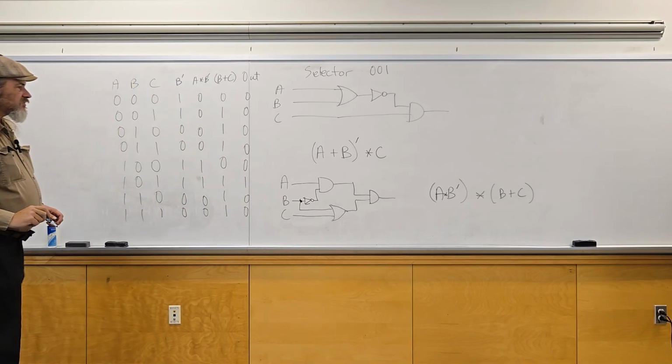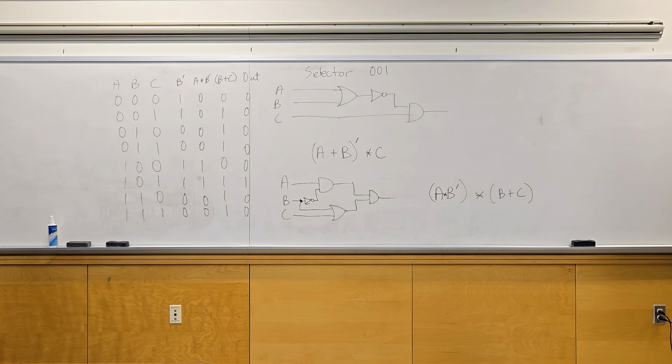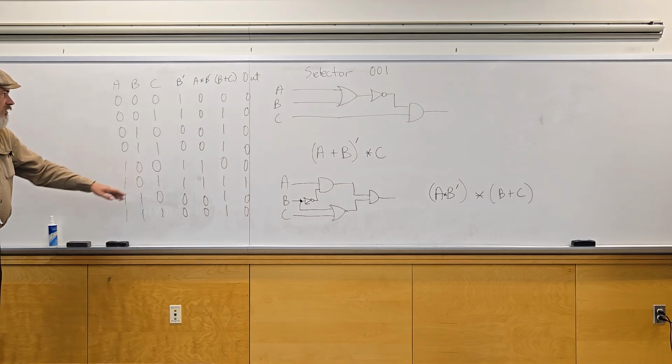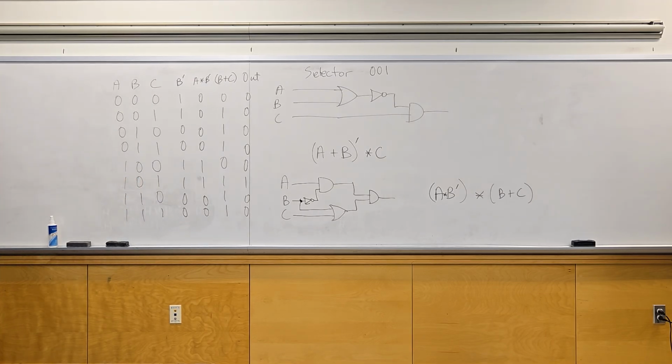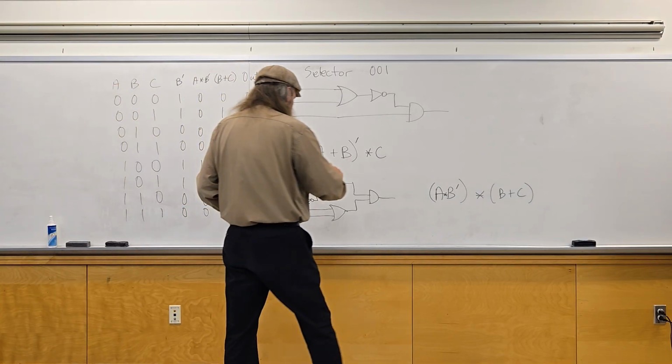So it's another selector. This time it selects when A and C are 1 and B is 0. So this is also a selector output.